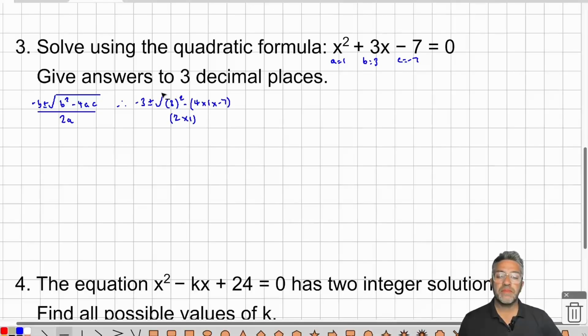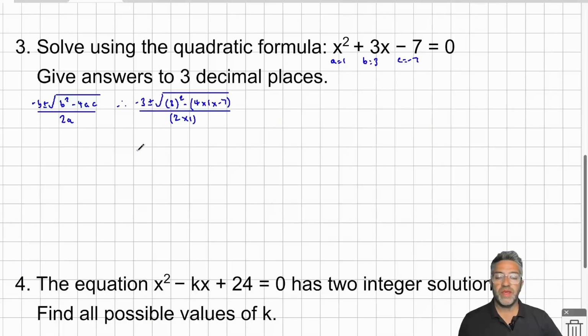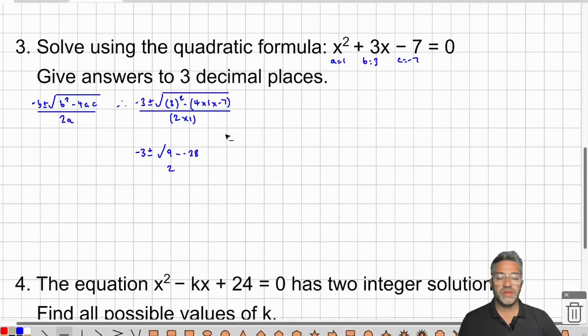And again, just drawing in like so. That will give me minus 3 plus or minus square root of 9 minus 28 all over 2. Like so.